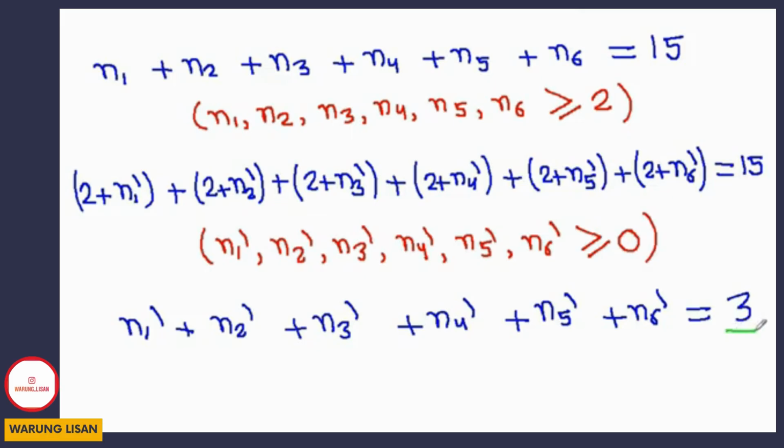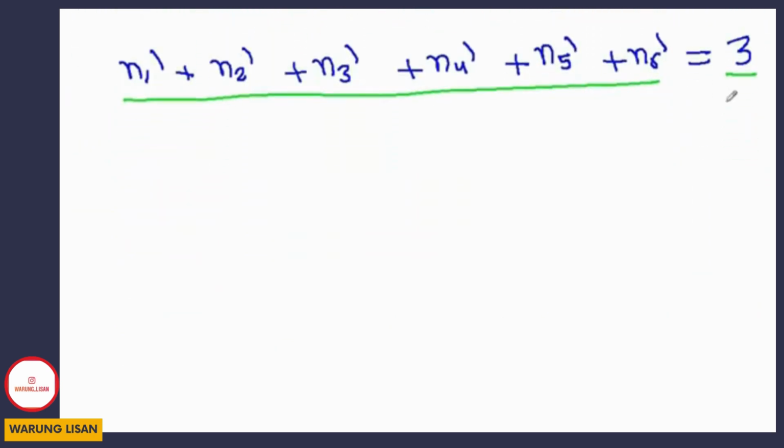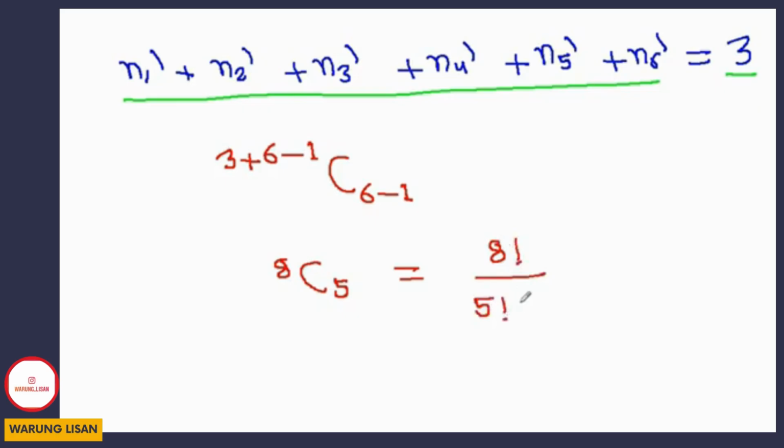We have 3 coins that we have to distribute in 6 beggars. So it will be 3 plus 6 minus 1, C 6 minus 1. So we get 8C5, that is 8 factorial by 5 factorial into 3 factorial.